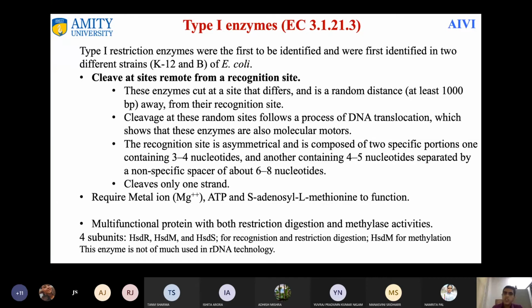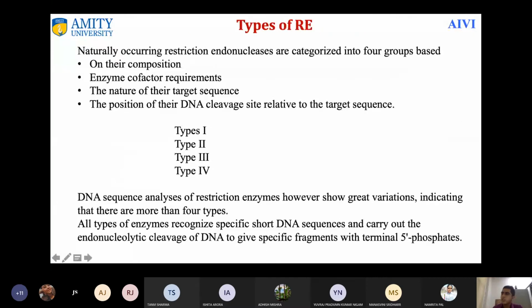So, the position of their cleavage site. Cleavage site means where they are producing the cut. The recognition site is the site which it recognizes, but where it produces the cut may be different, whether within it or outside it. When we say the recognition site is 4 to 8 nucleotides, it doesn't mean it removes that 4 to 8 nucleotide fragment from your DNA.